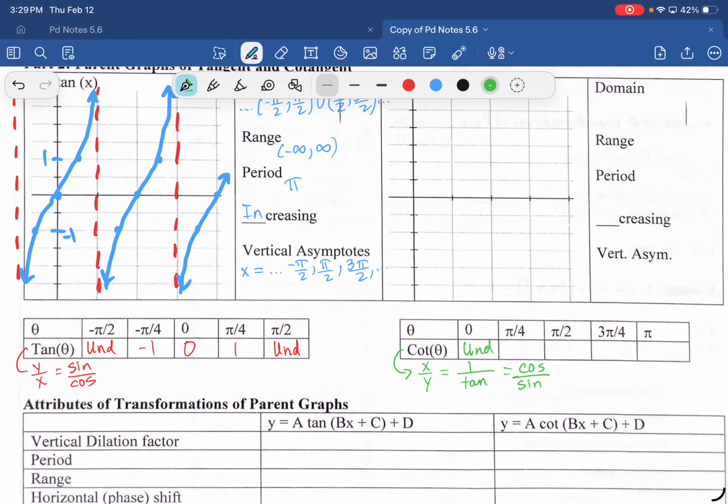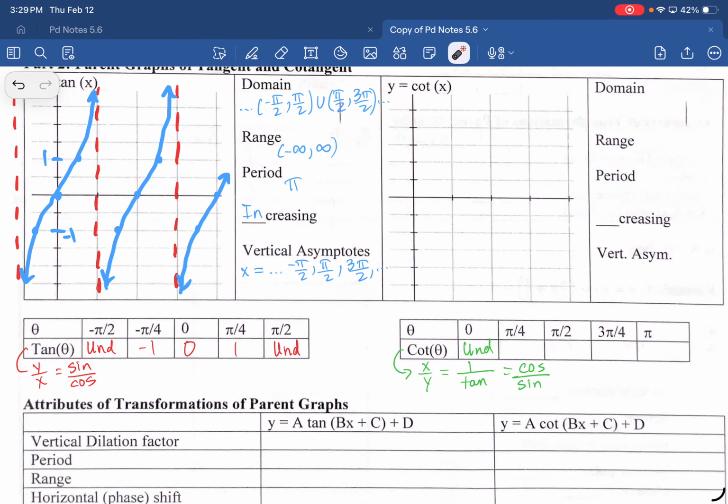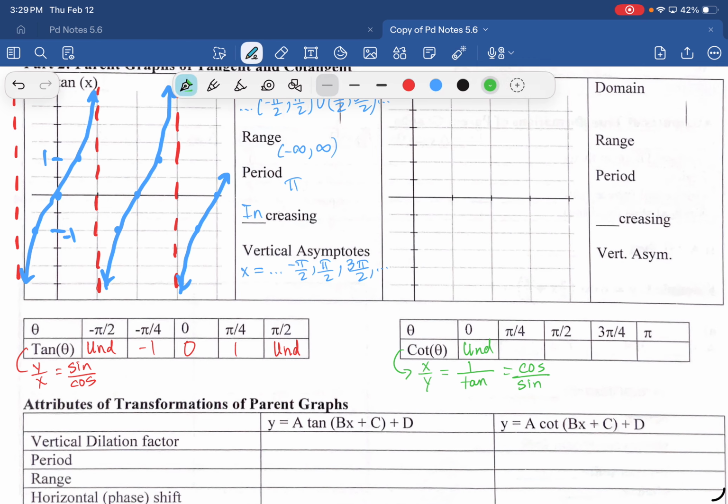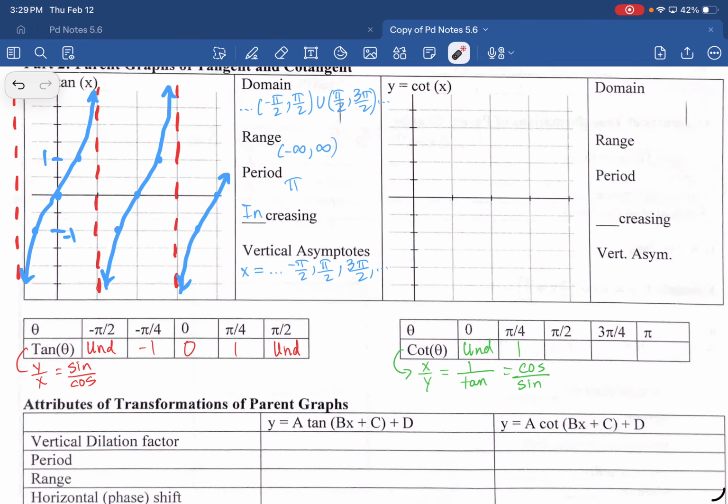Range for cotangent is the same as tangent. That's the one nice thing about these trig graphs. That's negative infinity to positive infinity. The period for the cotangent parent graph is pi. Same as tangent for the same reasons, but these are the two that are different from all the others.